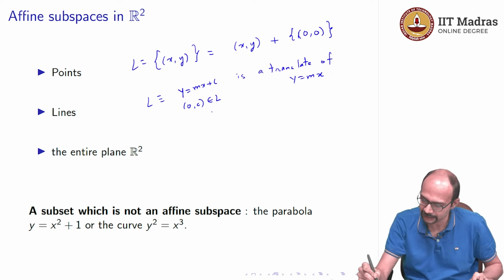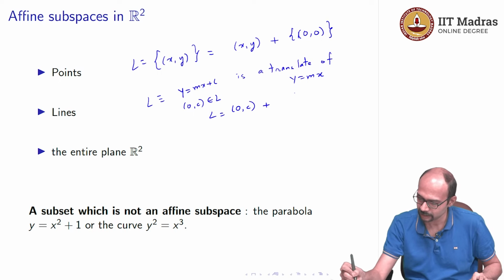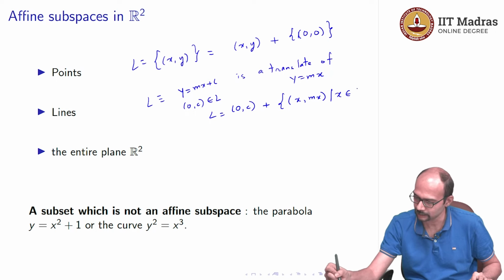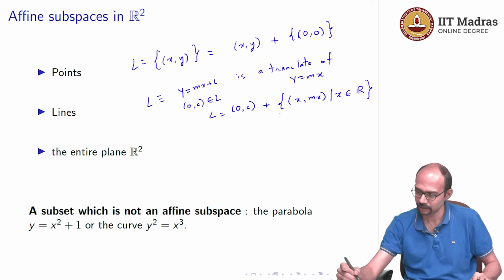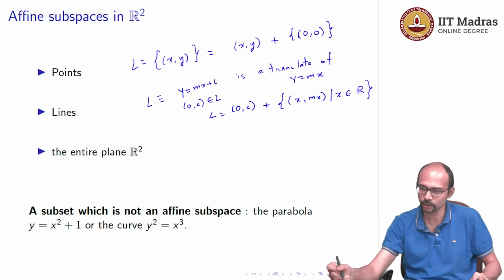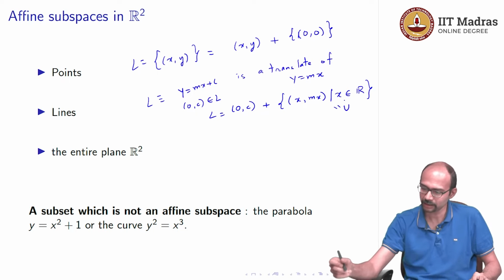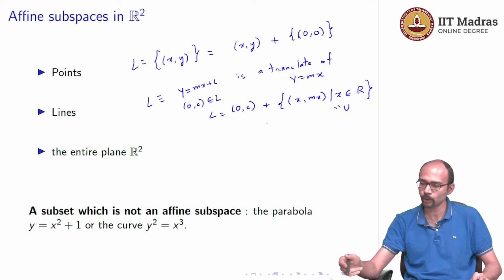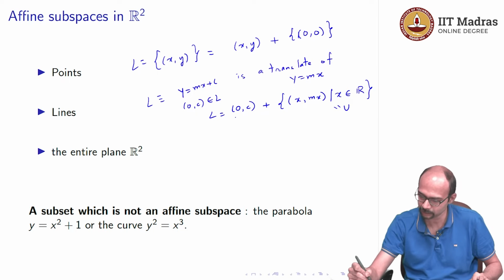So, you write this L as 0 comma c plus the subspace U, where U is given by all points of the form x comma mx, where x belongs to R. So, this is a line passing through the origin. This is your vector subspace U. So, you have written L as 0 comma c plus this vector subspace.